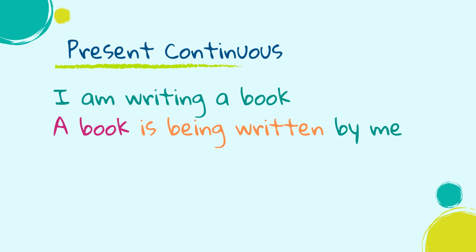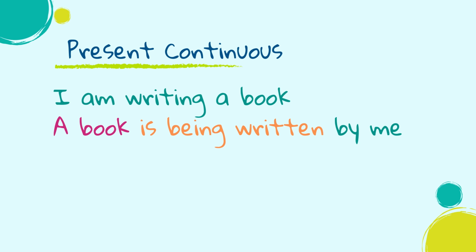Now we change it to passive. So the word a book is transferred into the beginning of the sentence to be a subject, and then followed by the passive, that is be and verb 3. Now the be is because a book is third party singular, and then writing here because we need verb 3 or past participle, so we change it into written.